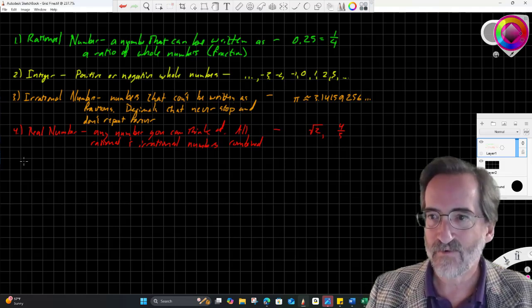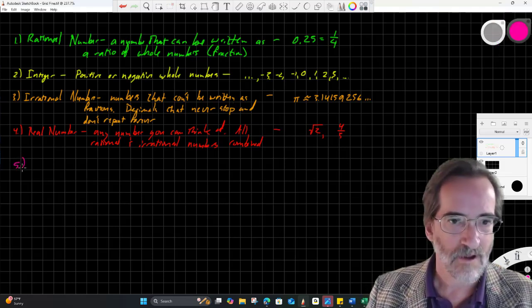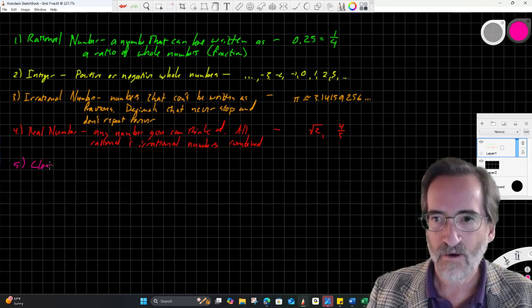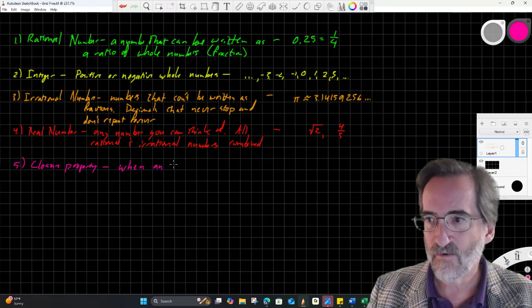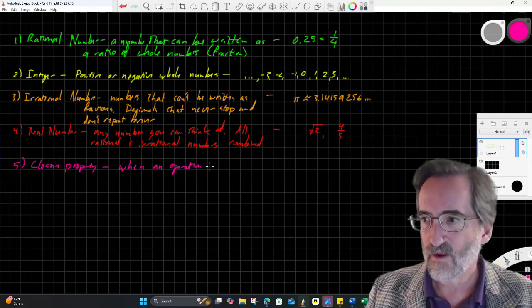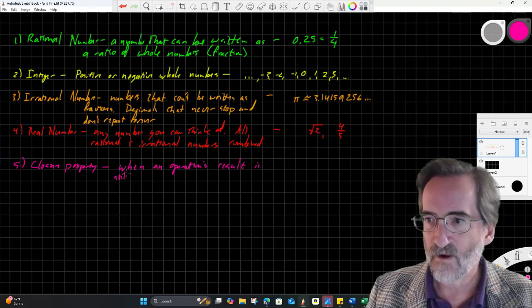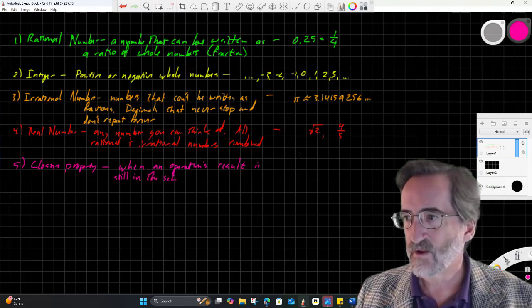And 5. Closure property. When an operation's result is still in the set.